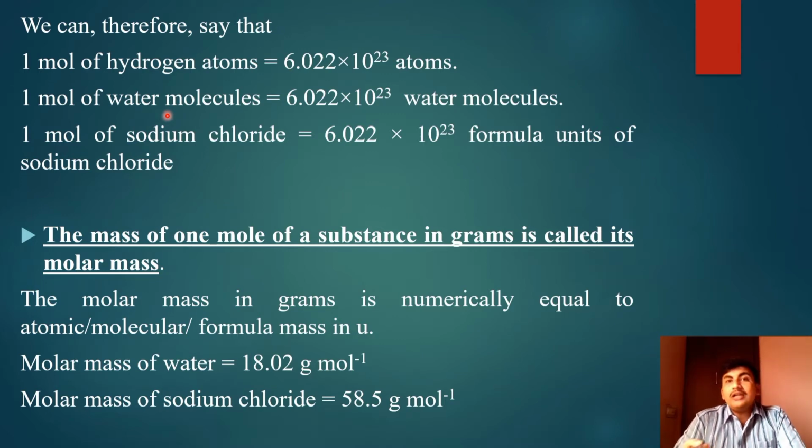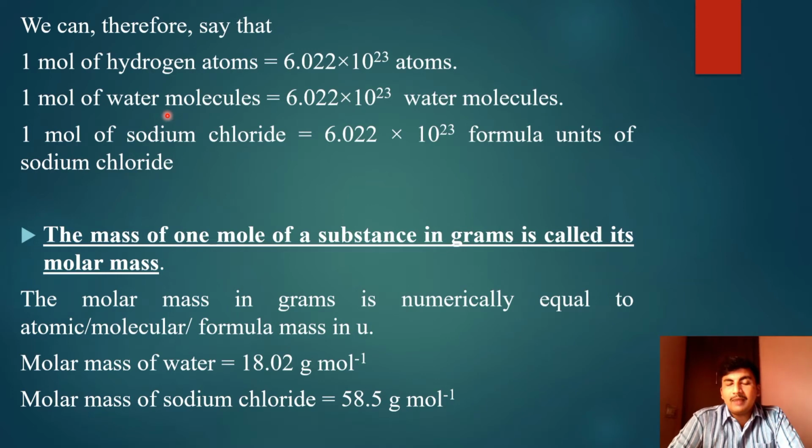Then molar mass. We studied molecular mass in unified mass units. What is the molecular mass of H2O? It is 18.01 u, right? We wrote 'u', remember, in the previous class.